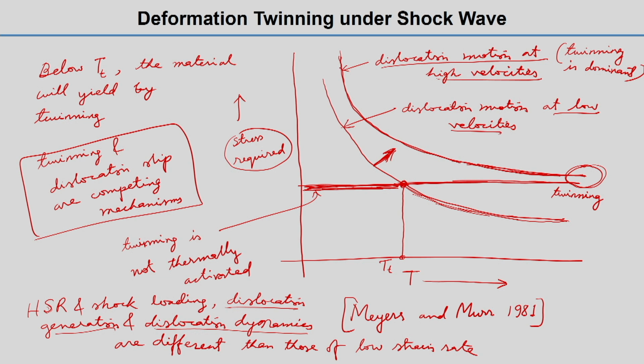Because if you compare these curves at high strain rate, the dislocation motion curve and the twinning curve, you can see that all the way the twinning is the lower one, that means stress required for twinning is less, and maybe at very high temperatures these curves can intersect, and it can happen that sometimes dislocation motion can be more favorable. But I think Meyers' reference says that this can happen only at very high temperatures.